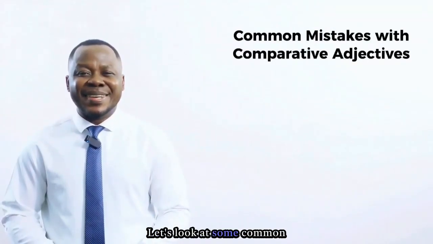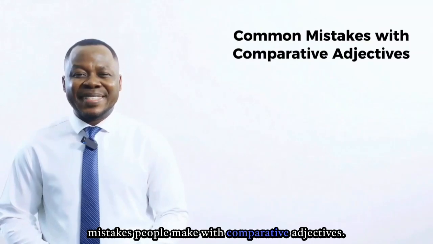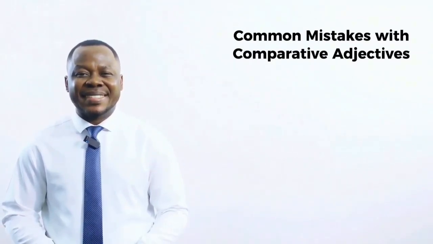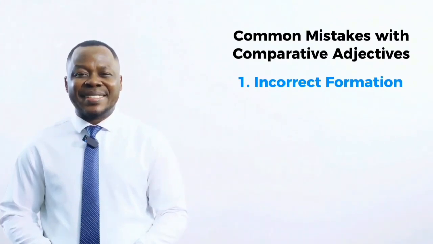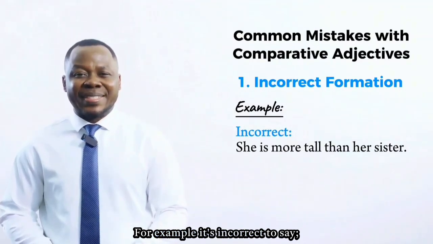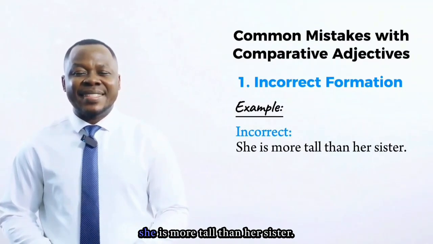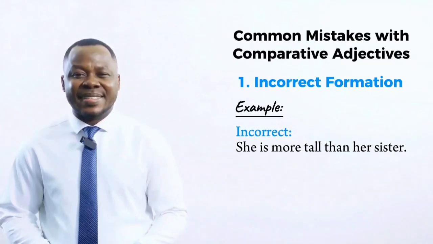Let's look at some common mistakes people make with comparative adjectives. 1. Incorrect formation. For example, it's incorrect to say, she is more tall than her sister.